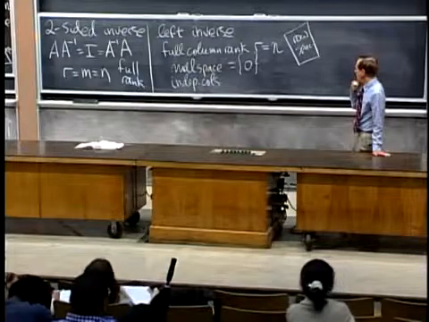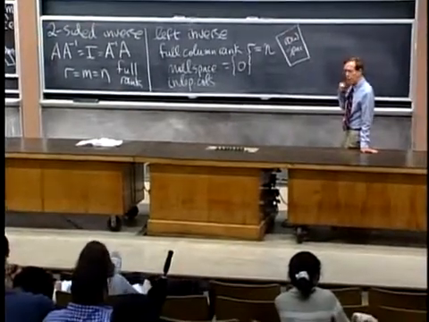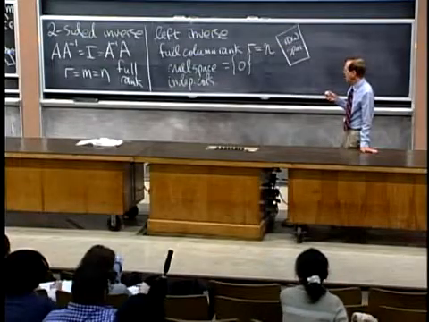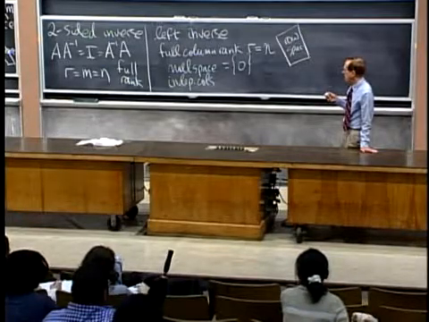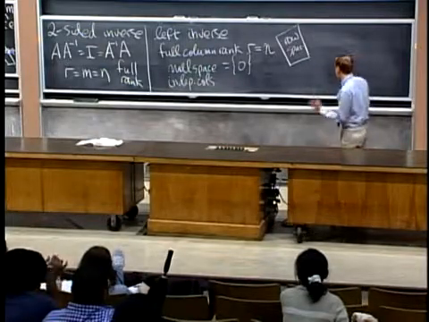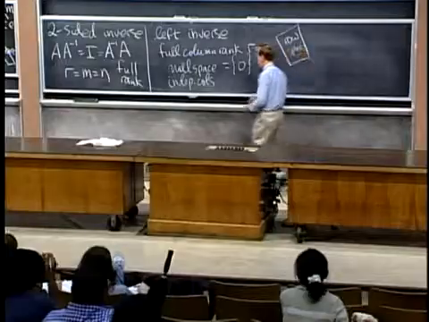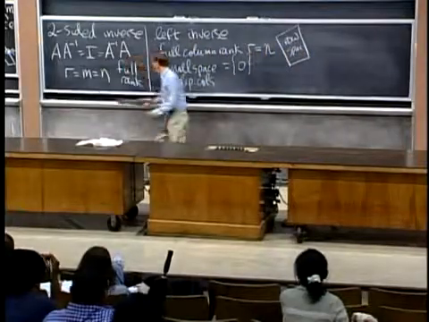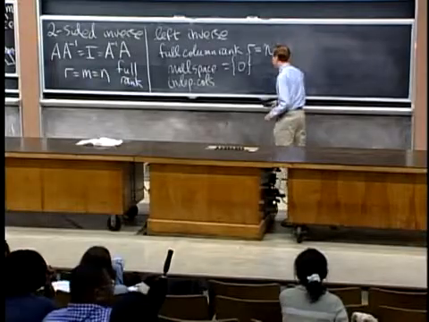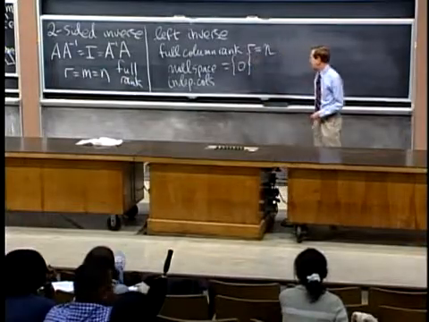The columns are independent, so the rank should be the full number of columns. So what does that tell us? There's no null space. Okay, the row space is the whole thing. I won't even draw the picture. And these were very important in least squares problems.